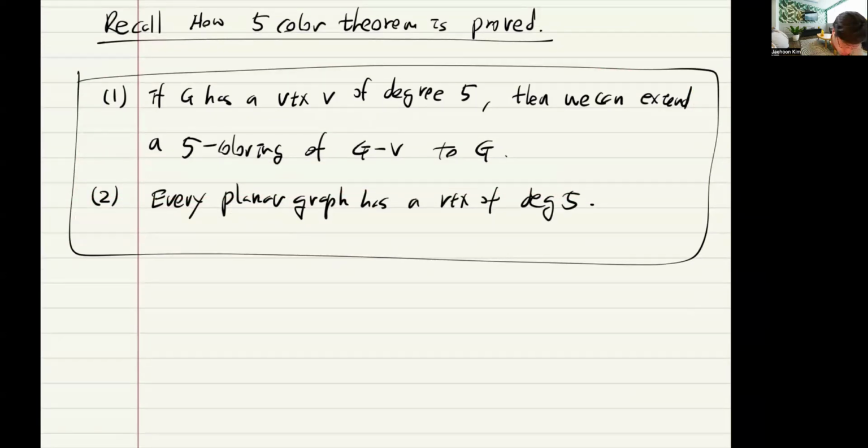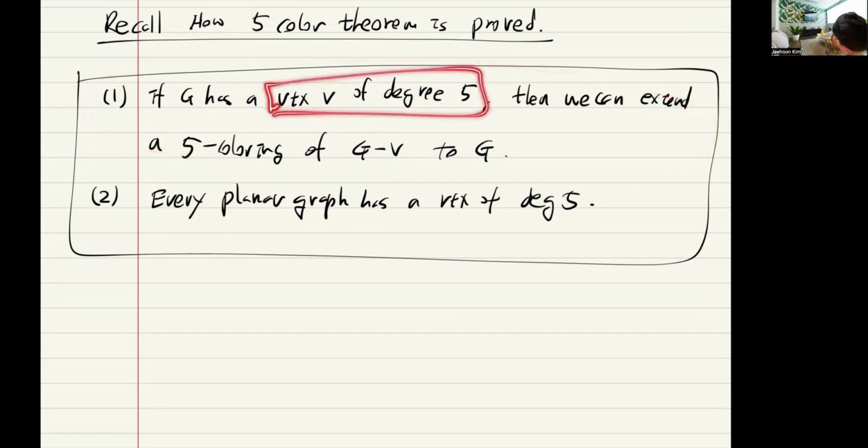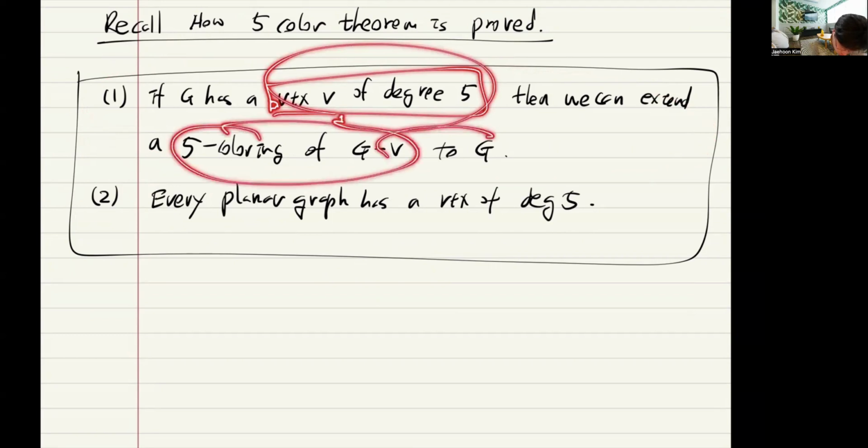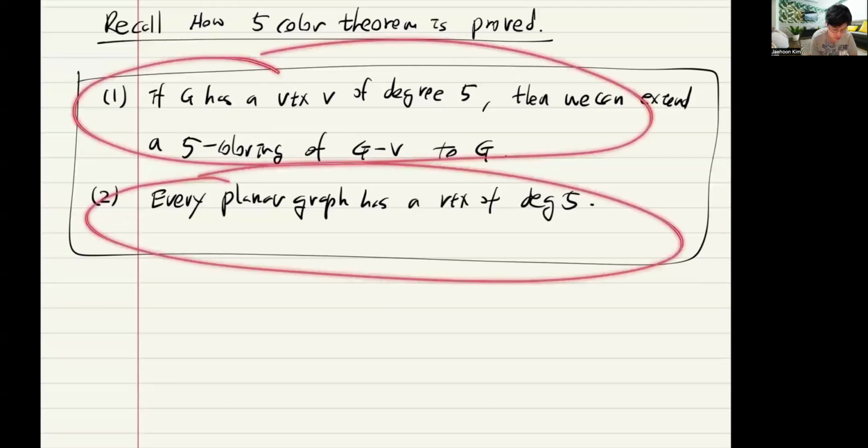In other words, we first show that if G has a specific structure, then that allows us to extend the coloring of a smaller graph to the entire graph. That's one. And we show that such a structure exists. And again, the proof of the four color theorem is a generalization of these two steps.